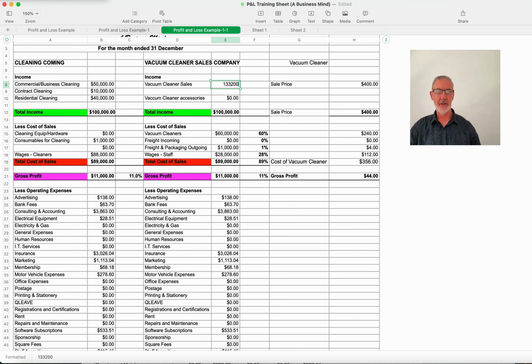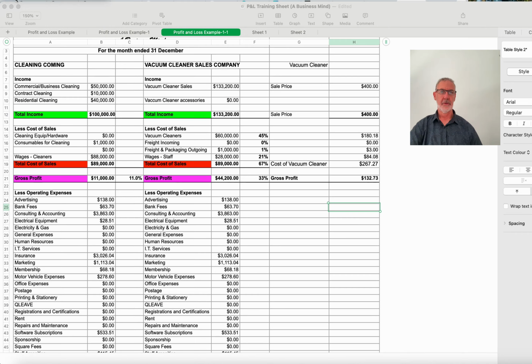So that would be 333 vacuum cleaners approximately at $400 is $133,200. So you're not only seeing that your income is increasing, because you increase your sale price to 400, which, if you times that by 333 units, is 133,200.